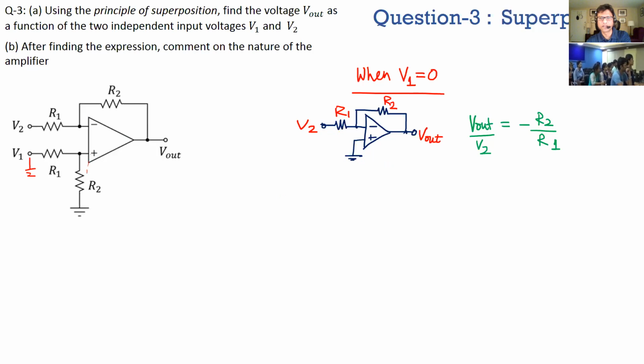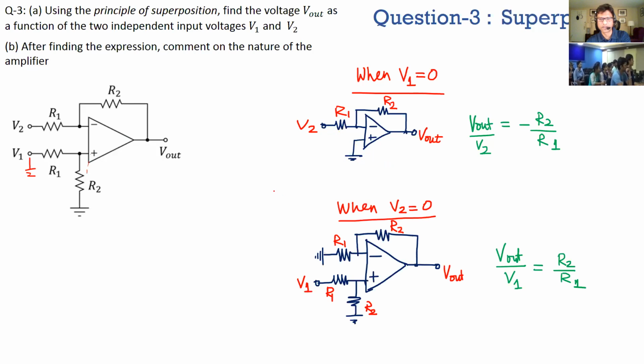Since there are two independent outputs, we do the second one similarly. We actually ground V2 now and apply the independent source V1. And this one is a non-inverting configuration, but it's not straightforward because you have to find out what the voltage is here, and that voltage is a non-inverting output over here.